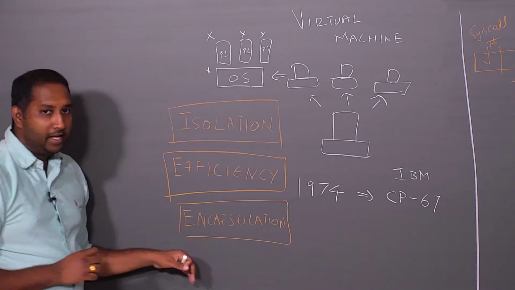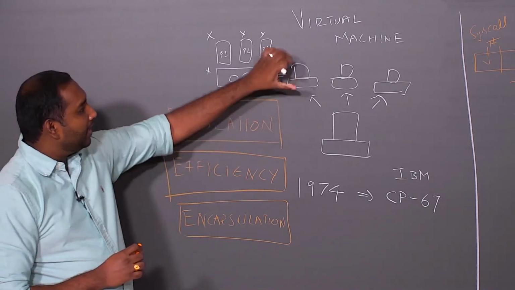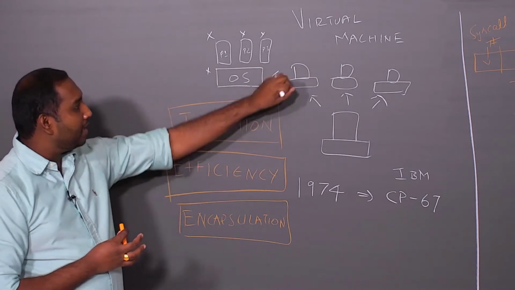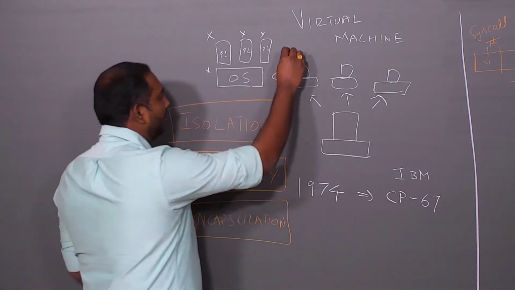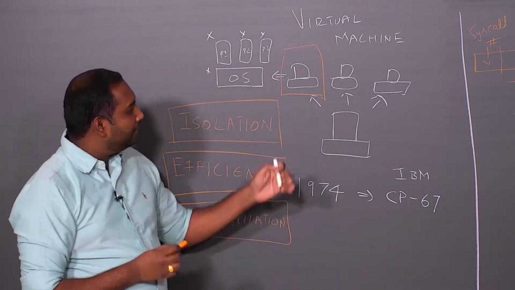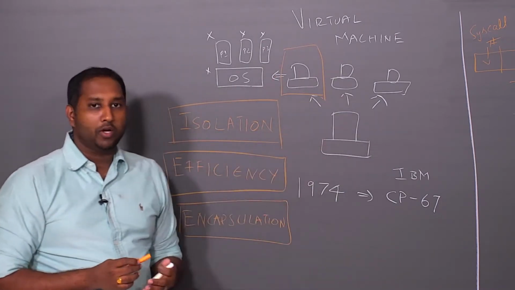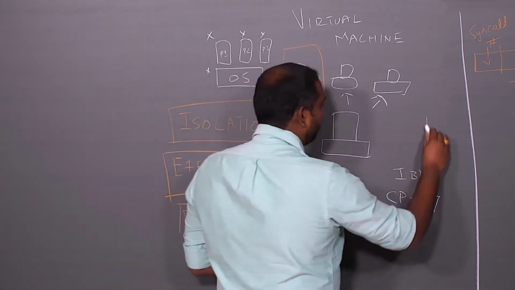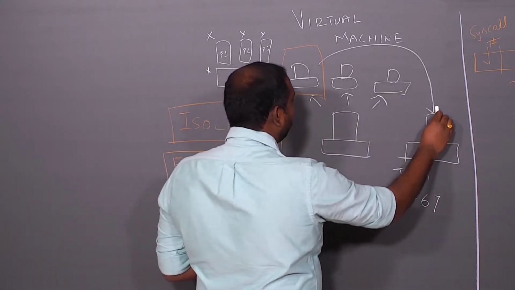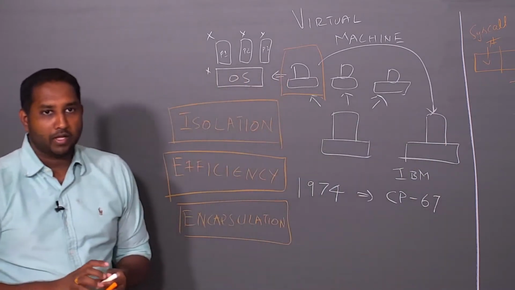Okay, so this is the idea that basically everything that is required, or all the state about a virtual machine, can be neatly wrapped up. Okay, and if you had a different physical machine, you could move it over to the different physical machine. Okay, so basically you could run it on a different physical machine, right?